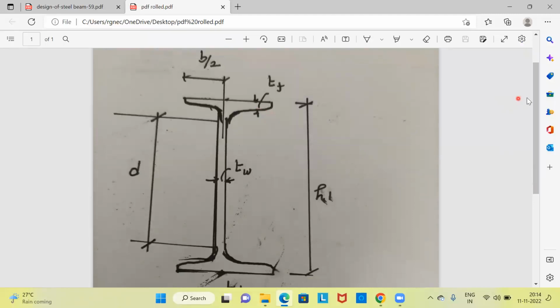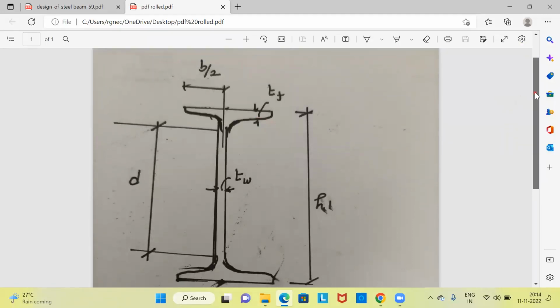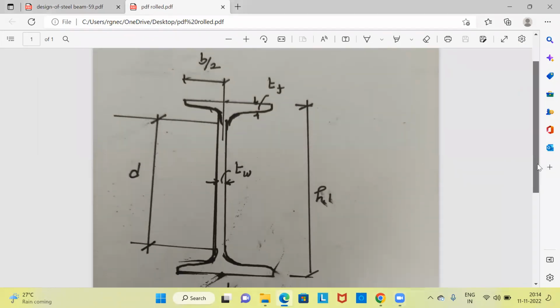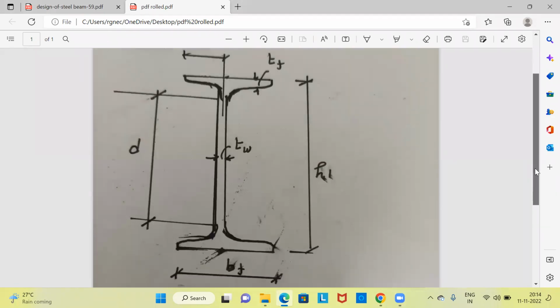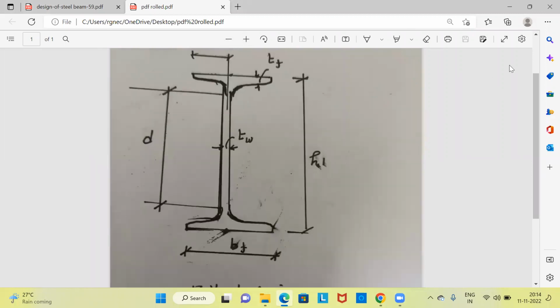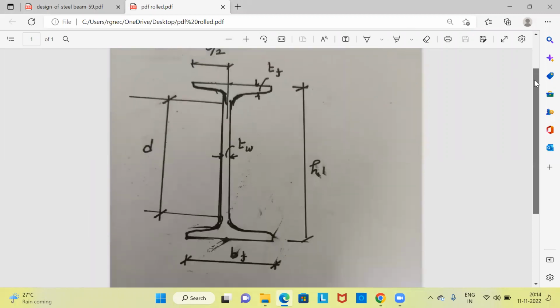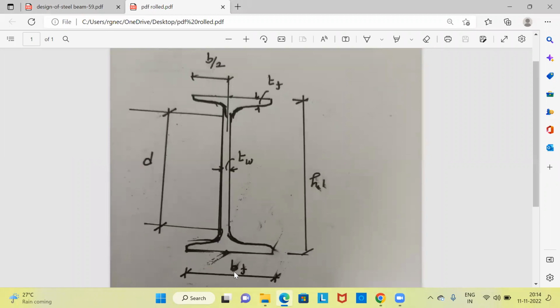Now you can see here. This is the typical cross section of a rolled beam. BF is the breadth of the flange. Half of BF, that is B by 2, is measured up to the center line of the beam.